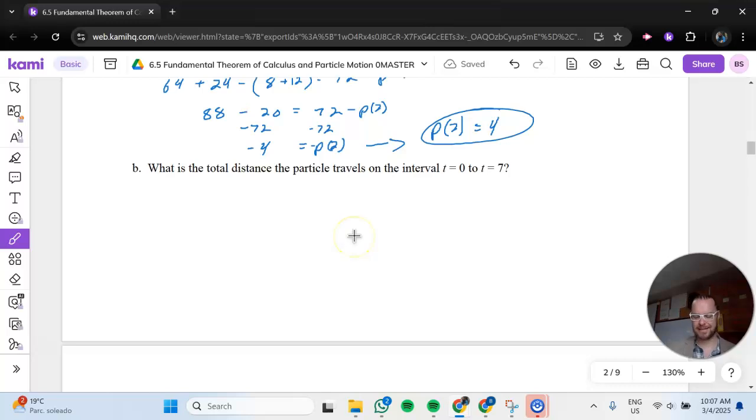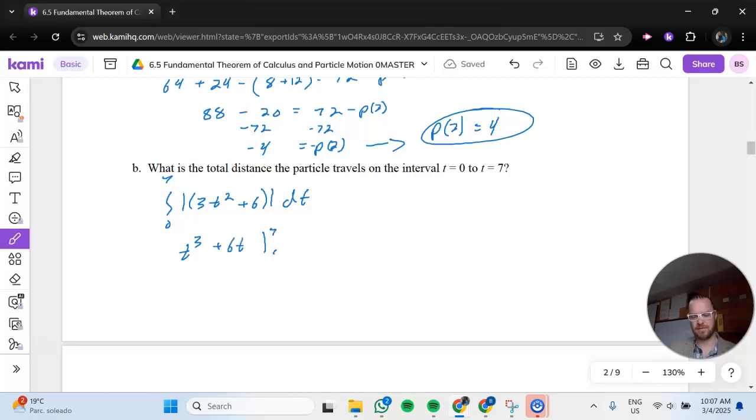Now, what is the total distance that the particle is going to travel in this time from 0 to 7? So now we're going to be integrating from 0 to 7 the absolute value of the function 3t squared plus 6 dt, sorry. And then we're going to go ahead and do that. Again, we already know what it is. We just did it. So t cubed plus 6t, okay?